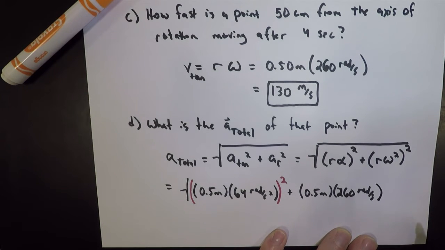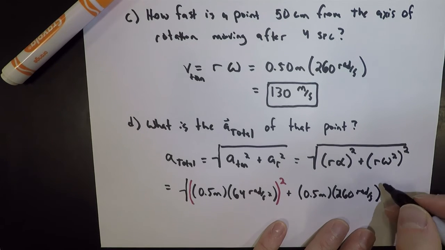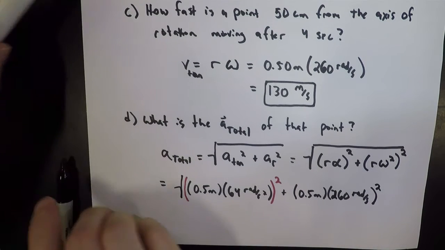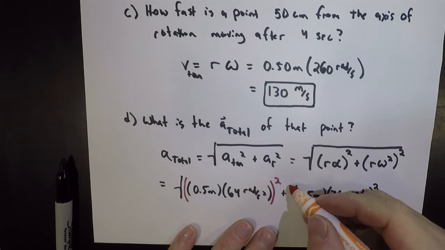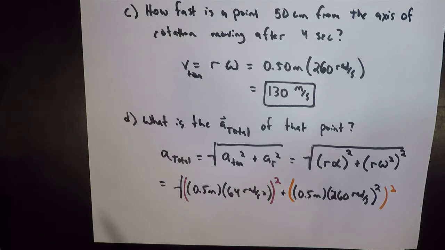And actually, this is interesting. This centripetal term is changing as time goes by, as it turns faster and faster. So after 4 seconds, this is its angular speed, and that will give me my centripetal acceleration, my radial acceleration. I'll have to square this.